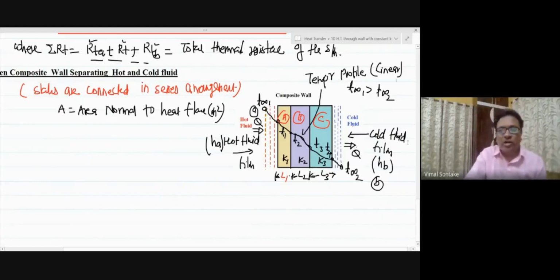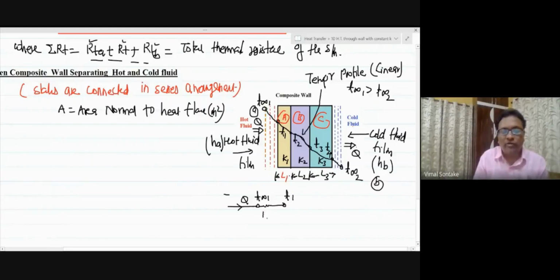Now let us draw the electrical equivalent circuit for this arrangement. So the flow quantity is Q. The first potential difference is the temperature difference T infinity 1 minus T1 between the hot fluid film and the left face.